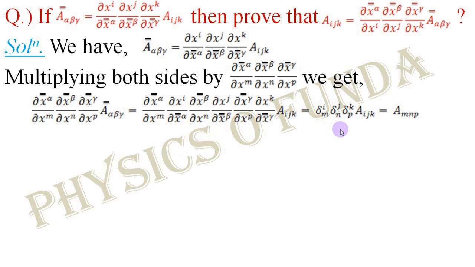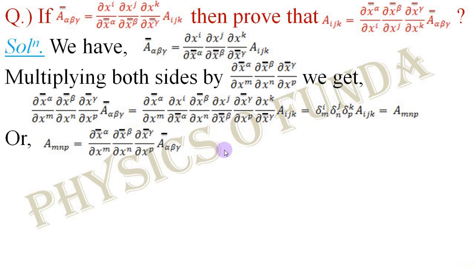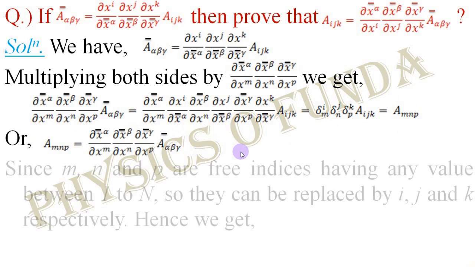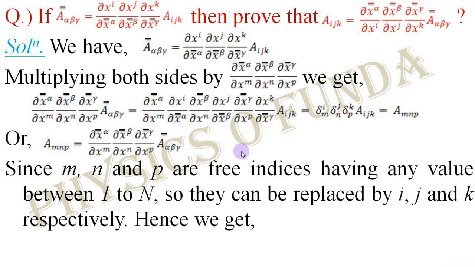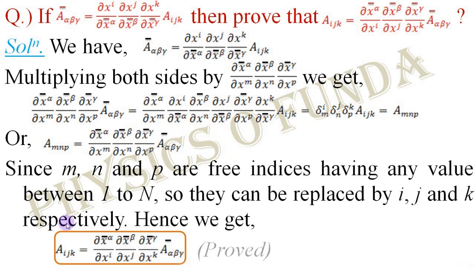For all other values of i, j, k, this Kronecker delta gives 0. This is the property of the Kronecker delta function. So, considering this fact, finally we get A_mnp. Now, m, n and p are free indices having any value between 1 to n, so these can be replaced by another set of free indices i, j, k. If we do so, then we get the desired result.